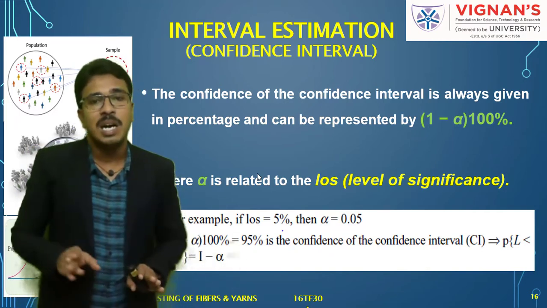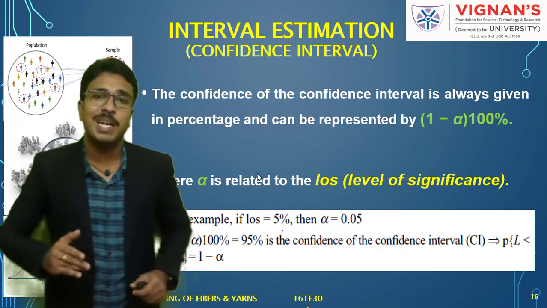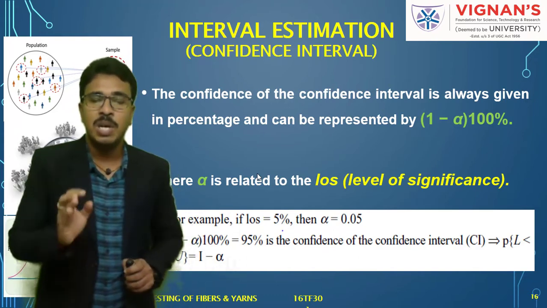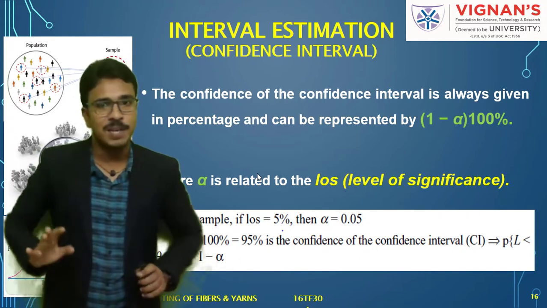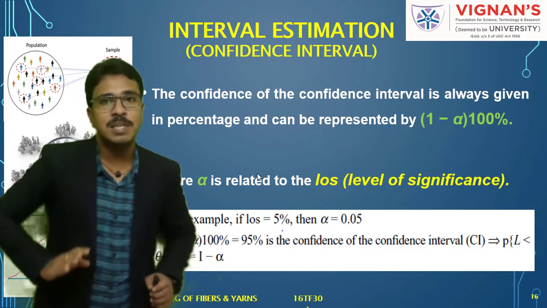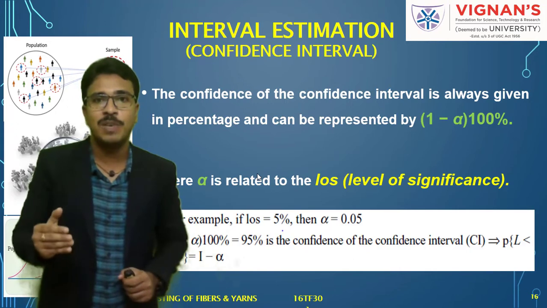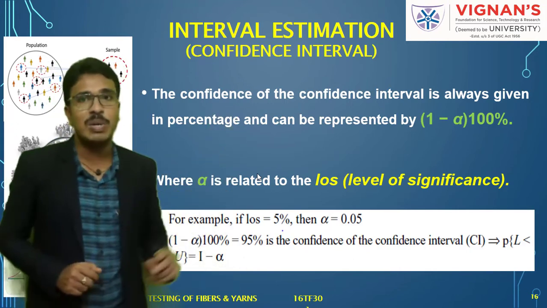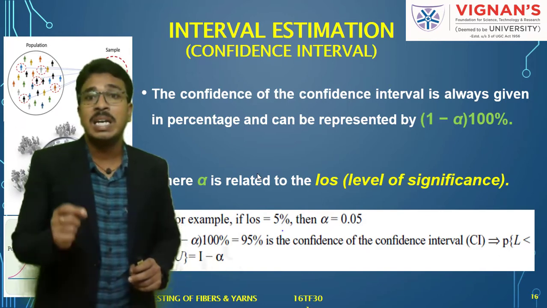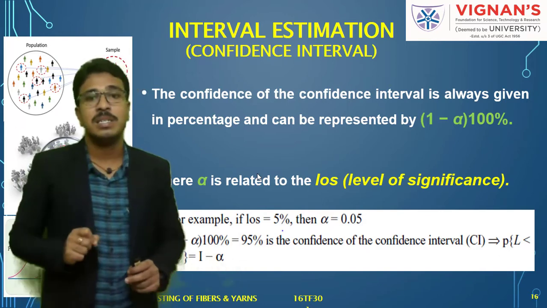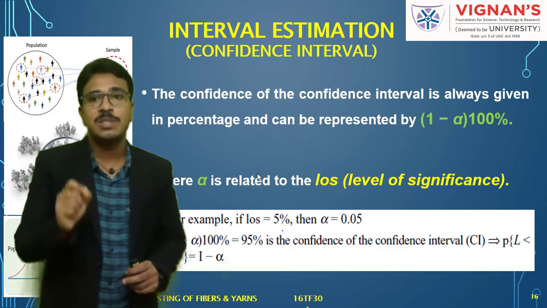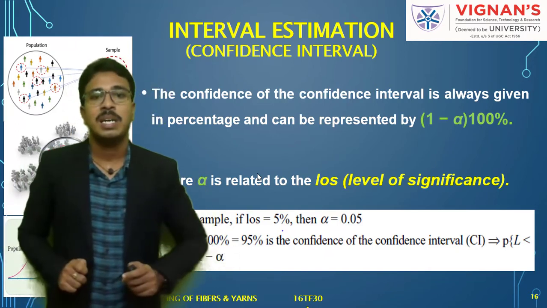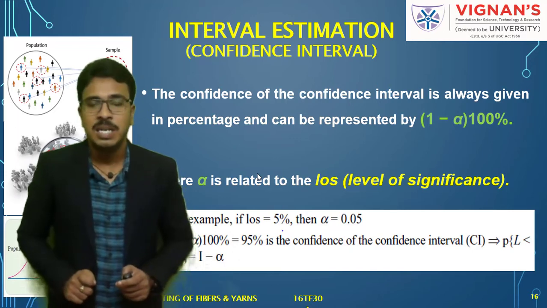So the alpha value is 5 divided by 100, which is nothing but 0.05. If you substitute this alpha value of 0.05 in the above formula, (1 minus alpha) into 100, you get 95% as the confidence of the confidence interval. Understand?